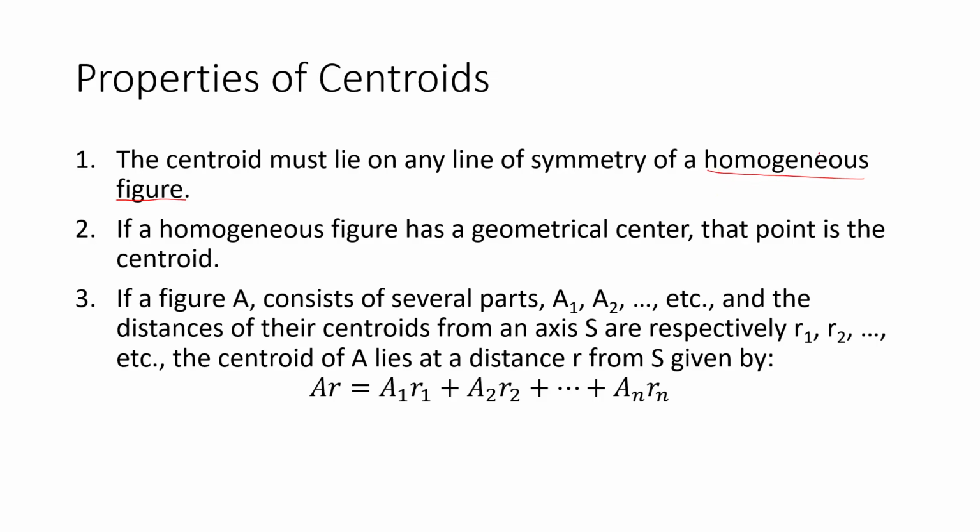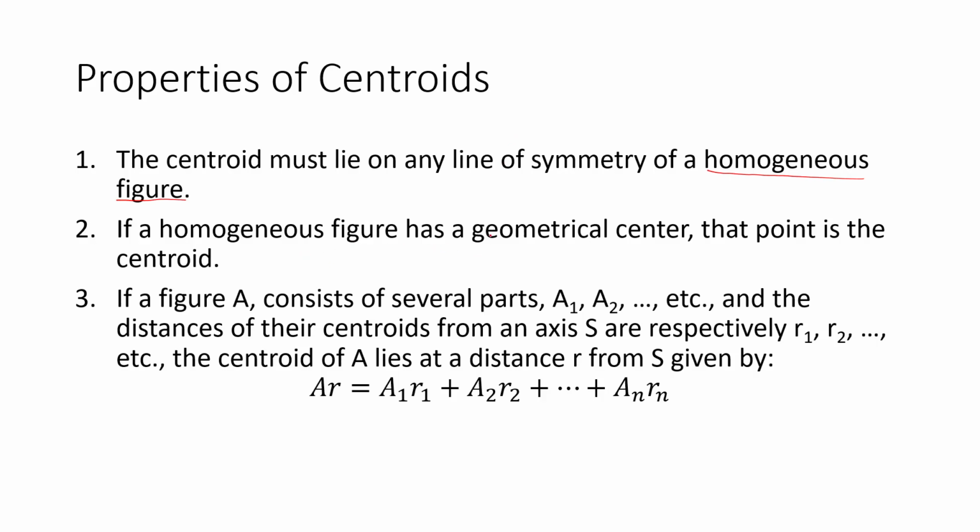This line is stating that your material should be total steel or total bronze, because if you have a non-homogeneous figure, that will require another type of solution to determine the center of gravity.